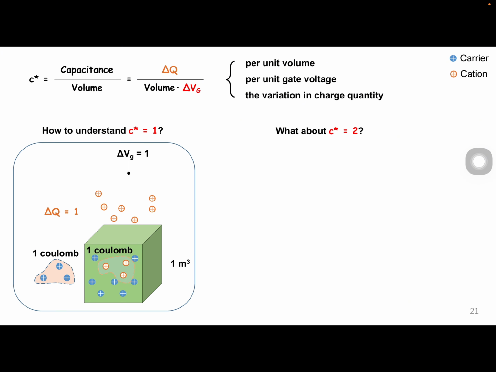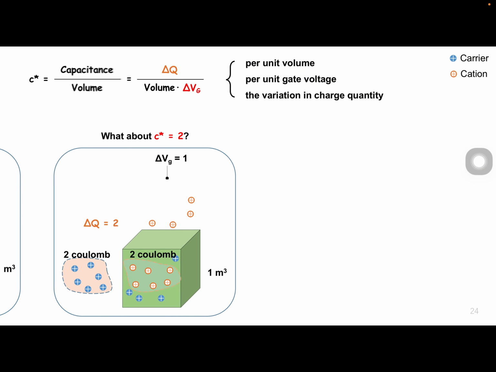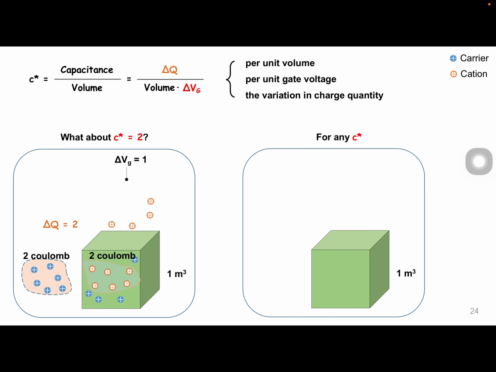What about C star equals 2? It's similar, but the change of the charge equals 2. For any C star, it means the change of the charge equals C star.